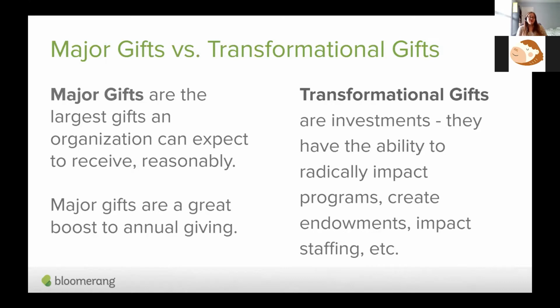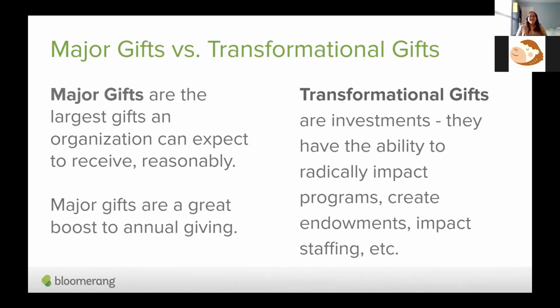So if everyone in your office really needs new technology and you need $15,000 to do that, that could outfit your entire staff with brand new technology. It can also be the beginning part of a more traditional capital campaign, so building updates or just a building. So that's really that difference.